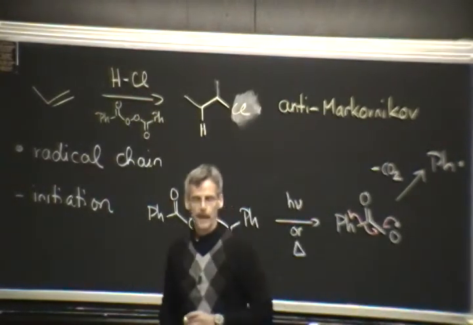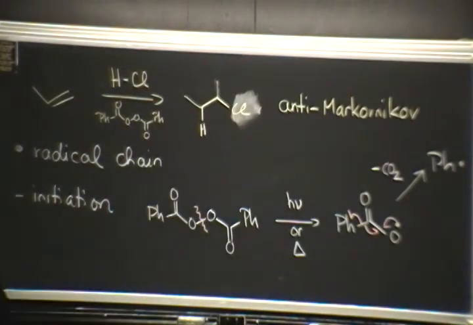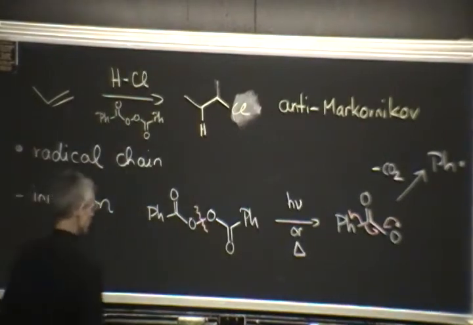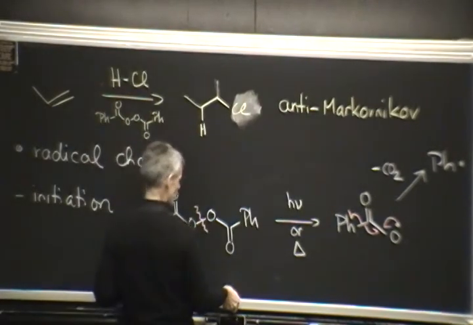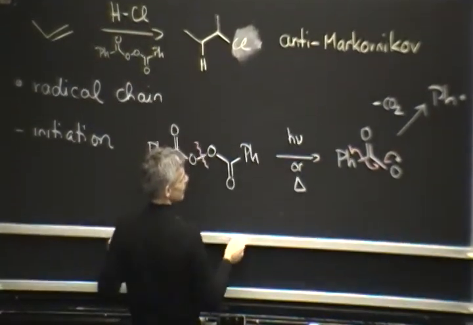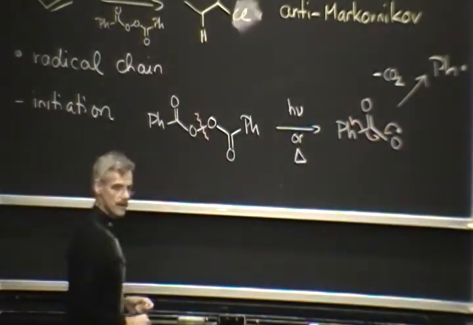The outcome in the initiation reaction is the same. We have generated a radical, and so we can now continue in the actual chain process. It can be the phenyl radical, or it can be the benzoate radical.